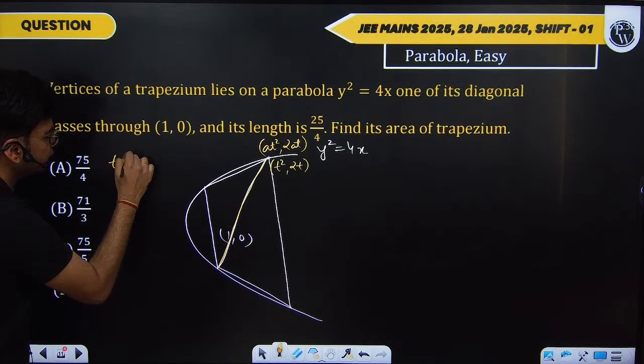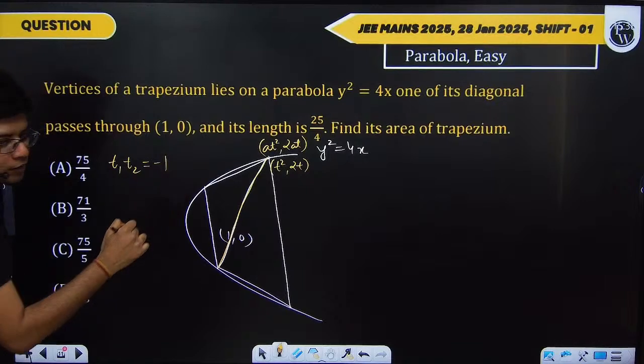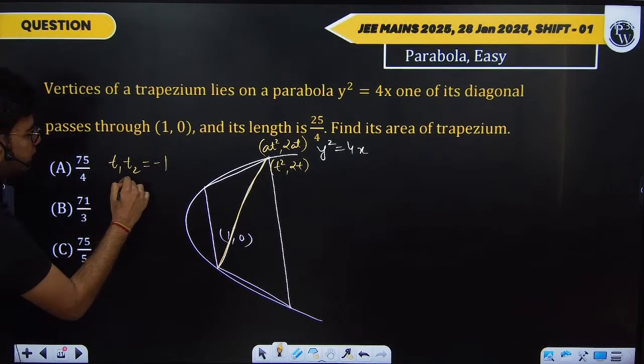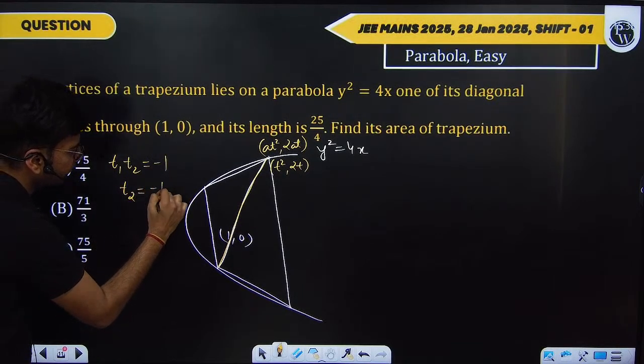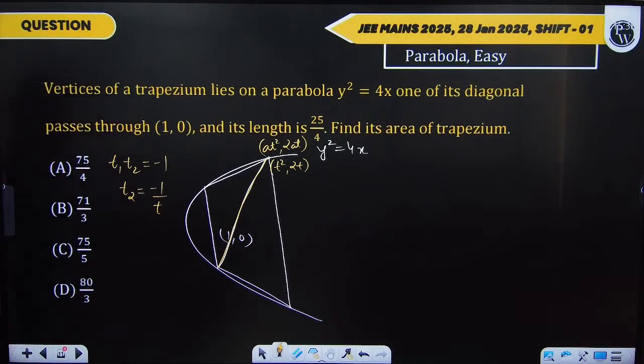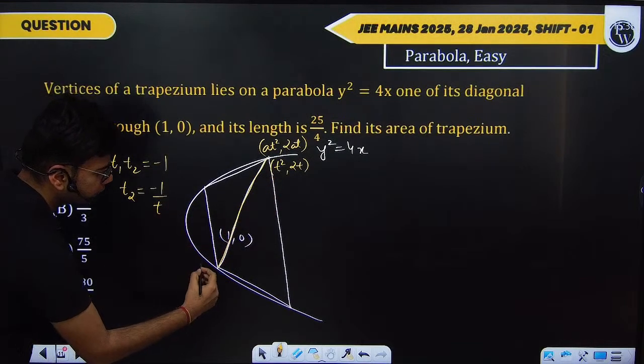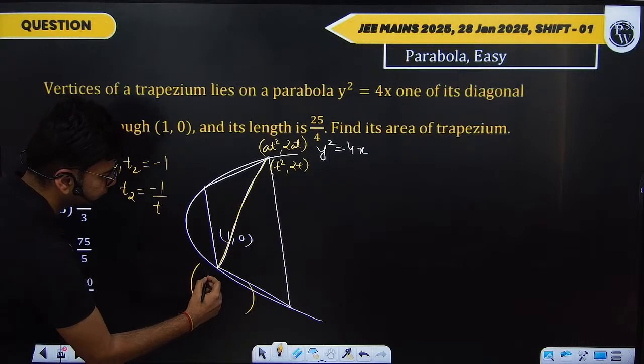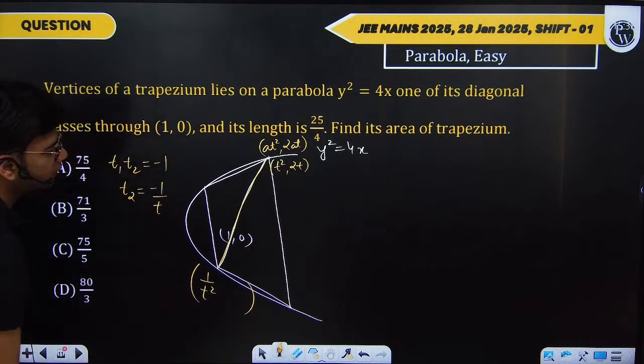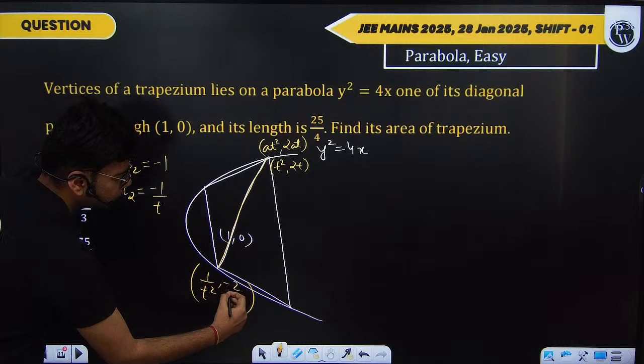Since t1·t2 is minus 1 for the focal chord of a parabola, t2 will come out as minus 1 by t. So the coordinates of this particular point will be (1/t², -2/t).